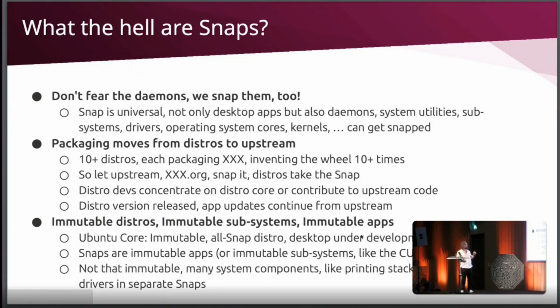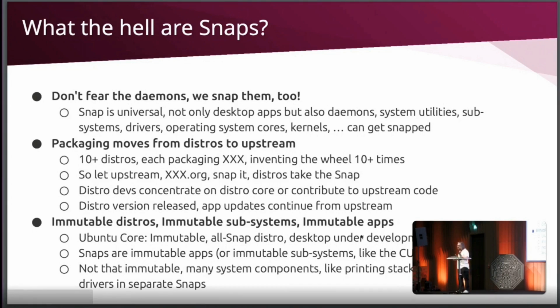And so we have also an immutable application. And as we can snap system components, in an immutable distribution based on Snap such as Ubuntu Core or Ubuntu Core Desktop, we can exchange system components. One example is the printing stack. It comes from the CUPS snap, and so it's exchangeable.